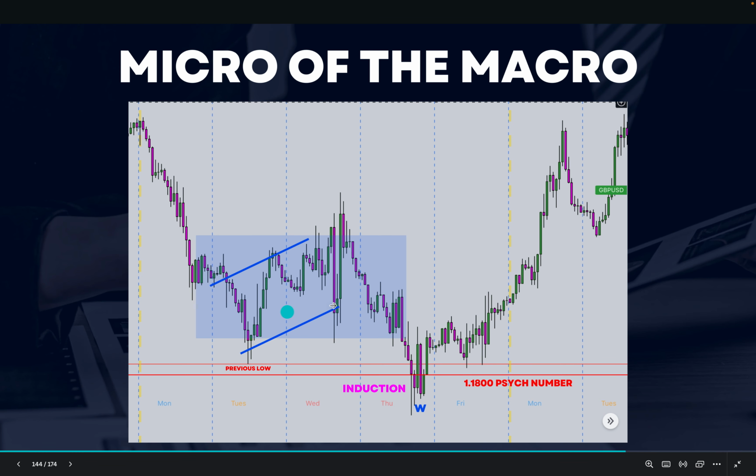Thursday, they break out of this overall larger consolidation, break out past the low of the week, creating a new low of the week, and then that W formation out of this induction, inducing the sells, W formation, and then right off of this psychological 1.18 level, and then a reversal, completely making new highs.